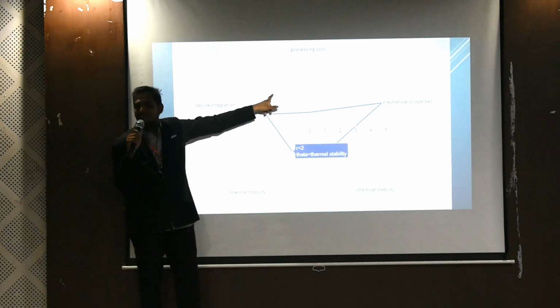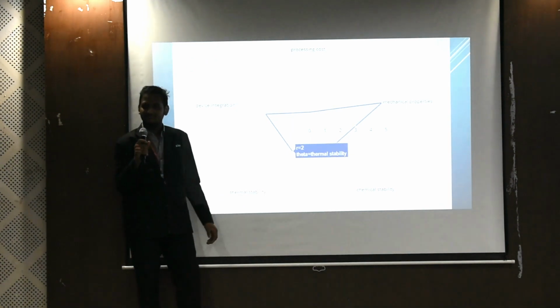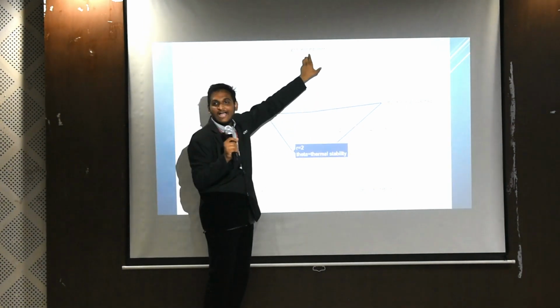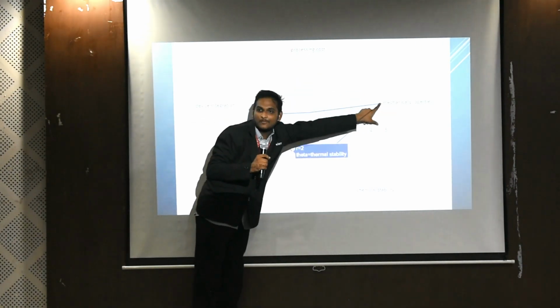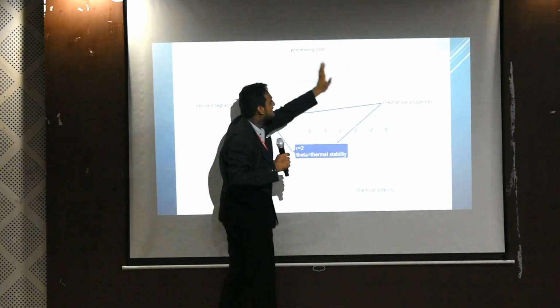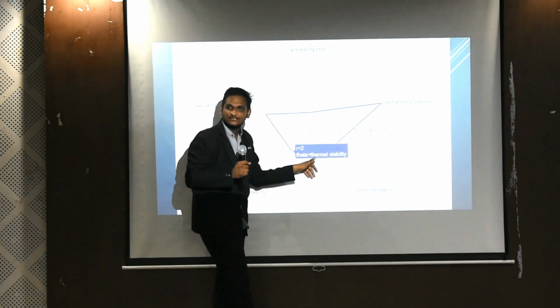I'm changing the index, not positions. I'm telling that processing cost is here only. Mechanical property is also here only. I didn't take this to here. I'm just changing the index, if I start from one, then 1, 2, 3 like that.